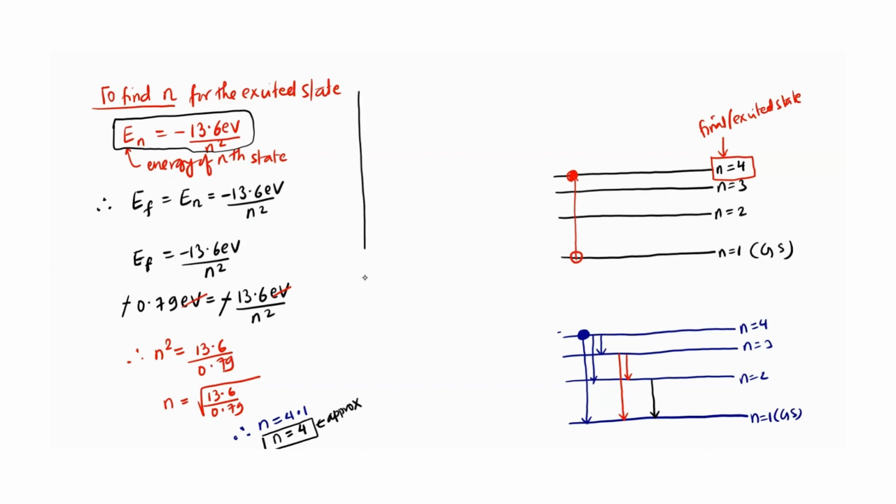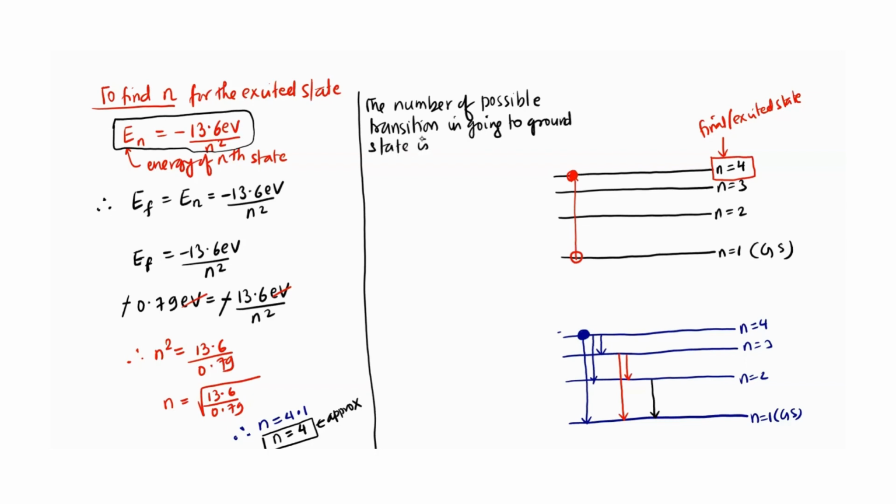So I'm writing over here: the number of possible transitions in going to ground state is 6. Therefore, 6 different wavelengths are possible.